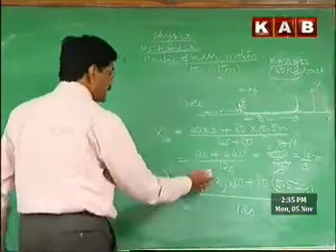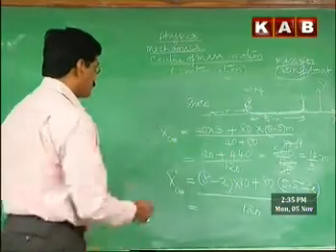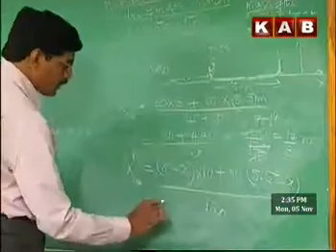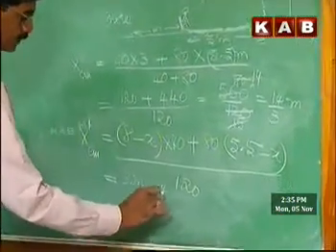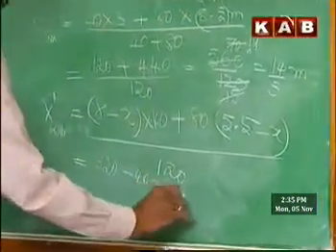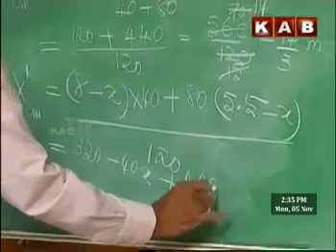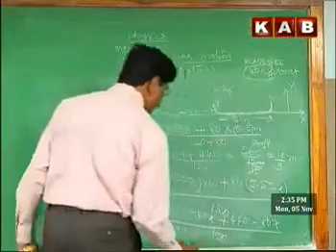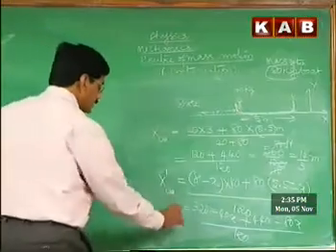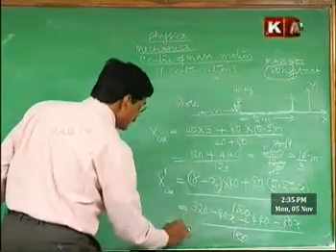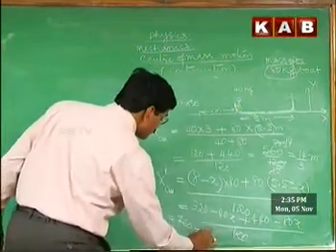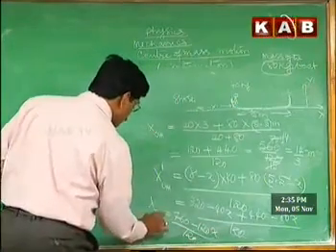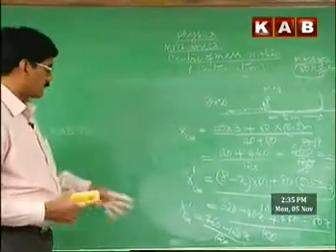From this we get the value of the new center of mass, that is 320 minus 40x plus 440 minus 80x, divided by 120. Or otherwise we get 760 minus 120x by 120. That is the new center of mass position.